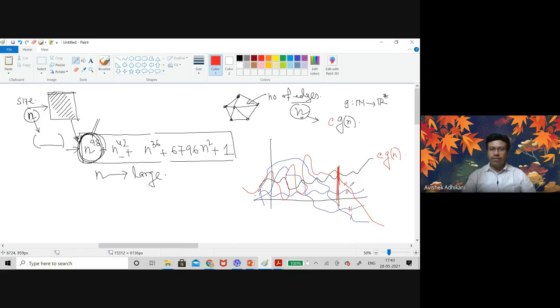So all the f's after, say, n0, where these are your natural numbers, you are placing natural numbers over this, and c is a non-zero constant. After some value of n0, all the function values are bounded by this value.